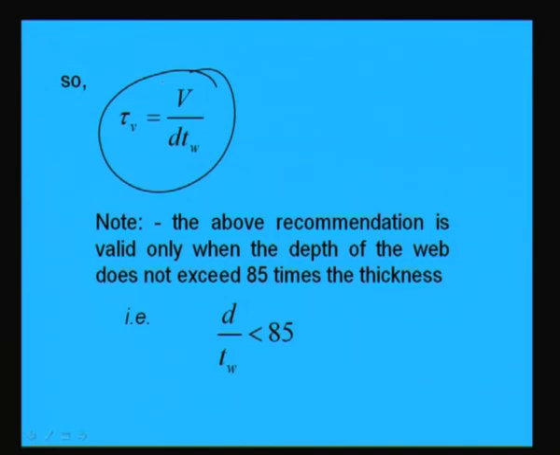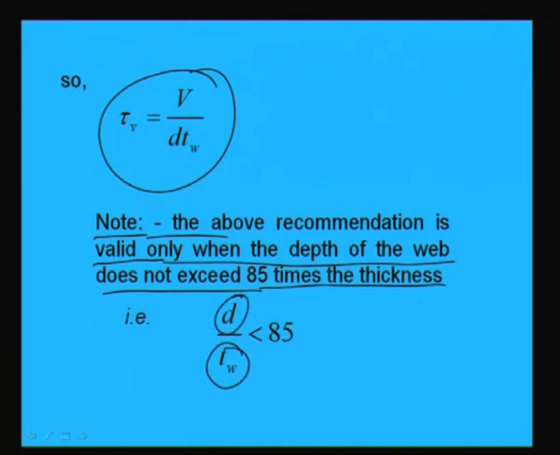Now, this recommendation has been made by the code, and it is valid only when the depth of the web does not exceed 85 times the thickness. If the web depth is d and the web thickness is Tw, then the ratio of web depth to web thickness should be less than 85, or should not exceed 85.